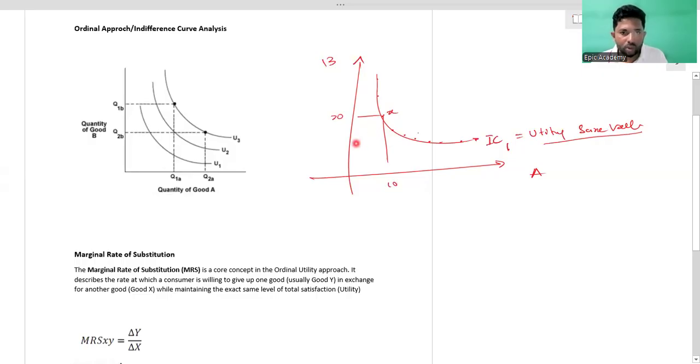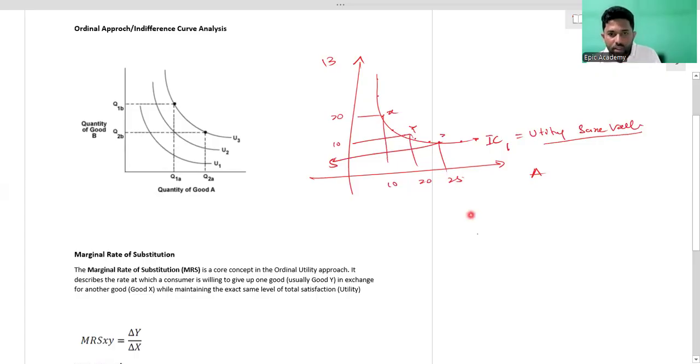If I point out this as Y: consumption of B becomes 10 and this is 20. If I point out 5 for A, it is 25.